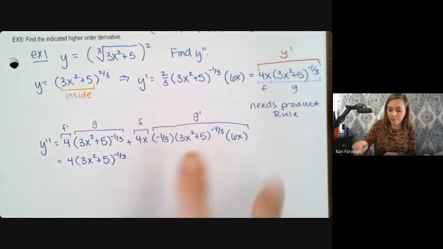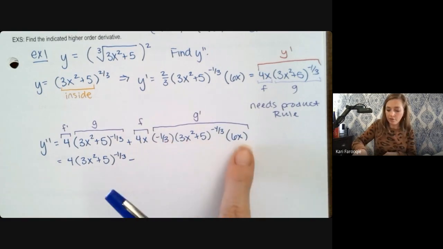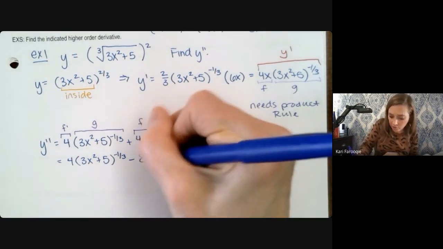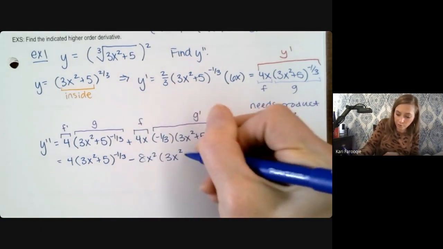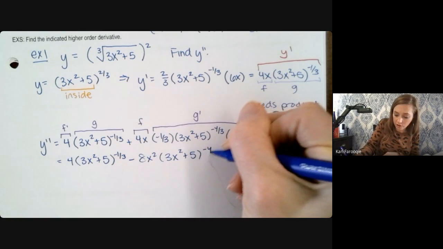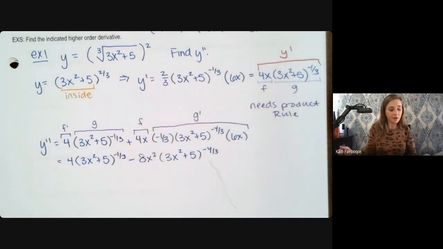So I'm actually going to have a minus sign because this is negative 1/3. I'm going to have an x squared, and I have 24 divided by 3 is 8. So it'll be minus 8x squared times 3x squared plus 5 to the negative 4/3. And honestly, I'm pretty happy with this answer in general.